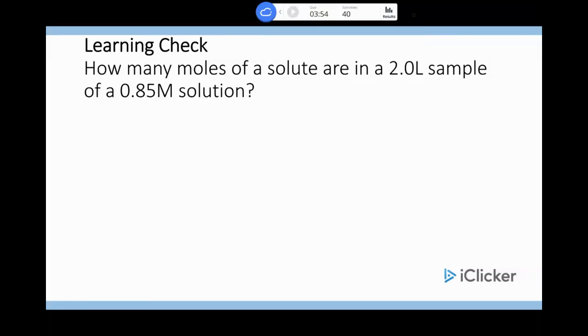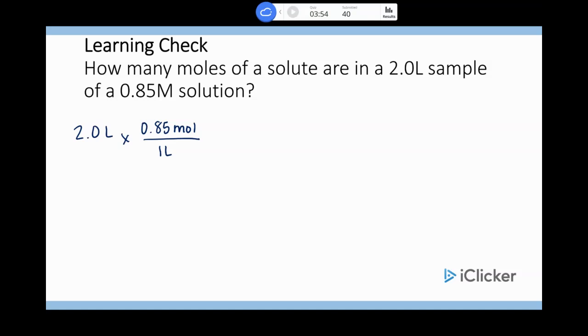Okay, I saw the same mix in my earlier section. So we have a 0.85 molar solution, so that's 0.85 moles per liter, and we have a 2-liter sample of that solution. So if we have 2.0 liters of a solution that has 0.85 moles per 1 liter, we use the molarity as a conversion.